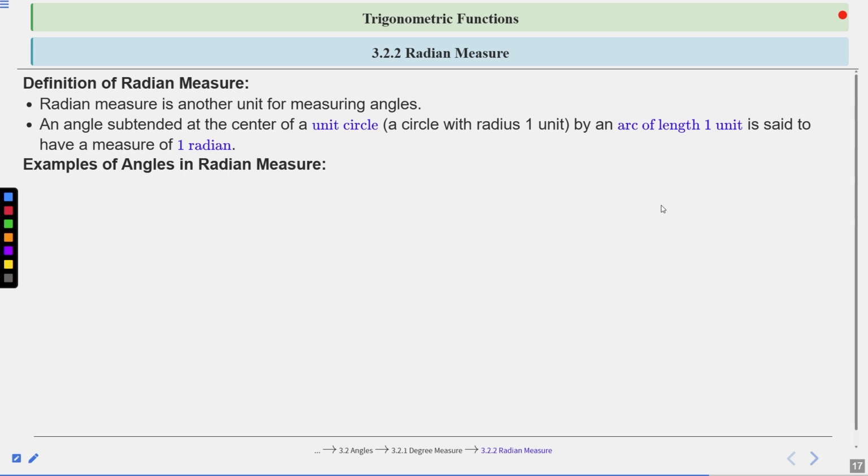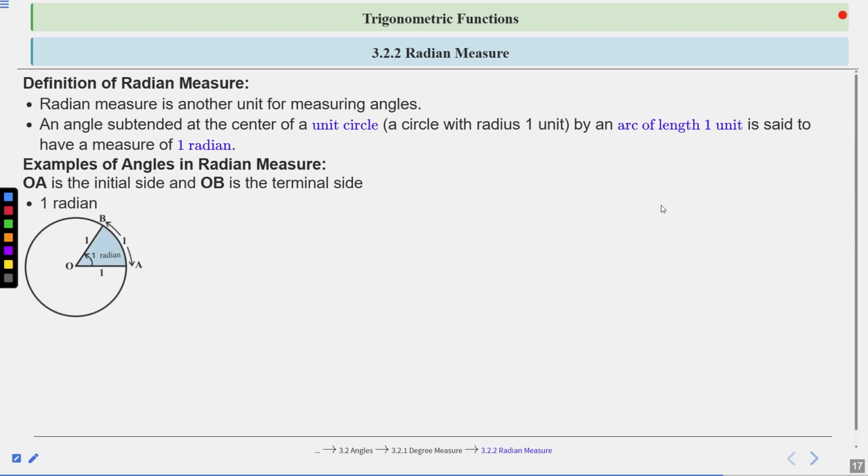So, example: take OA as the initial side and OB as the terminal side. 1 radian is simply this. O is your vertex, OA is your initial side, moving anti-clockwise.